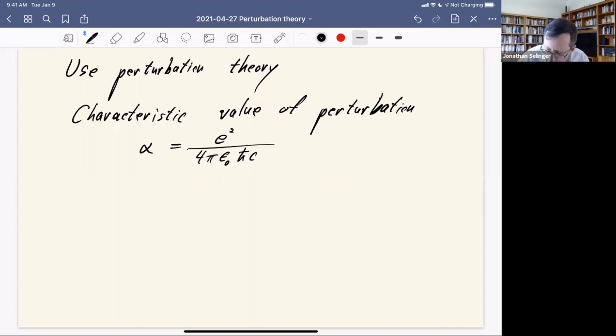Numerically, this is a dimensionless number, which is approximately 1 over 137. For that reason, this 137 is considered an important dimensionless number in physics. It tells us how big the relativistic corrections to atomic physics are.